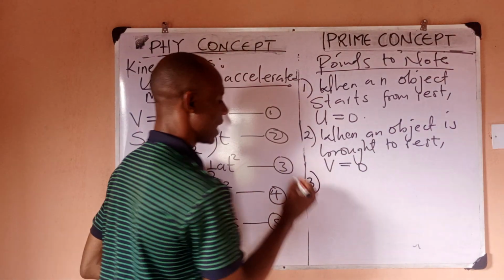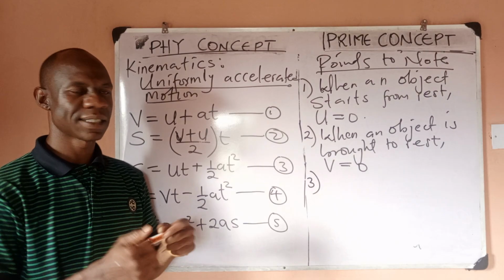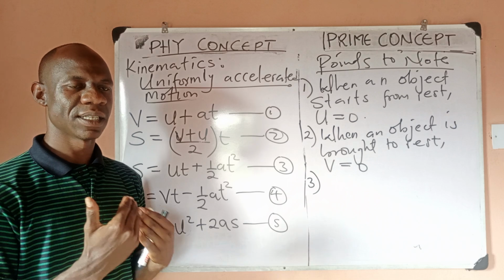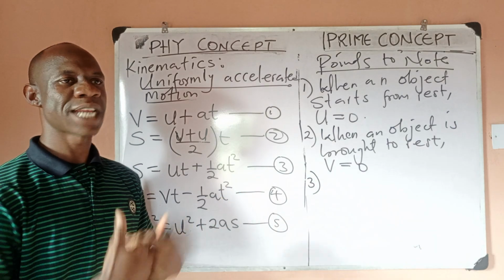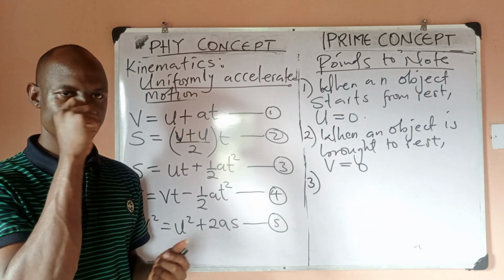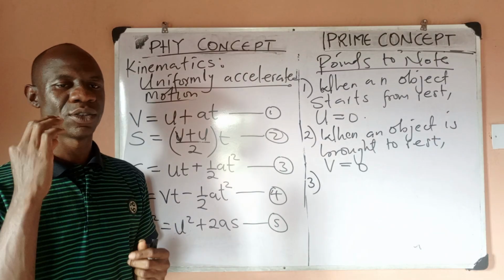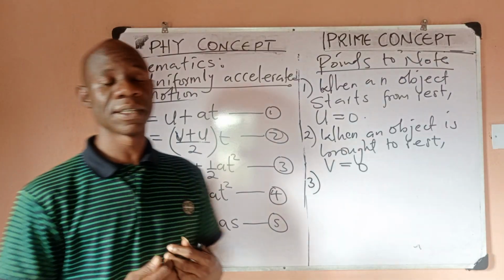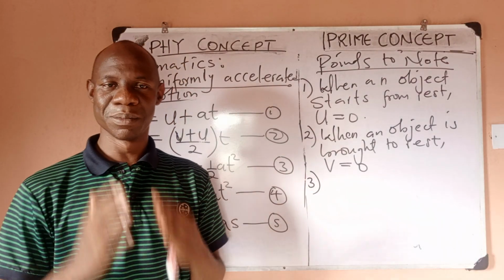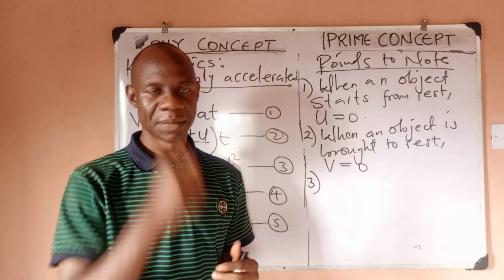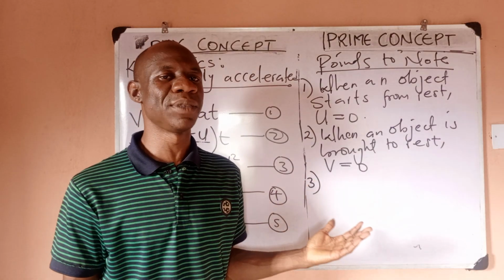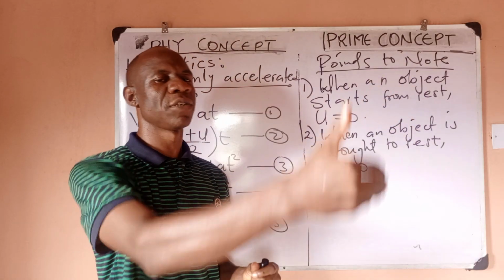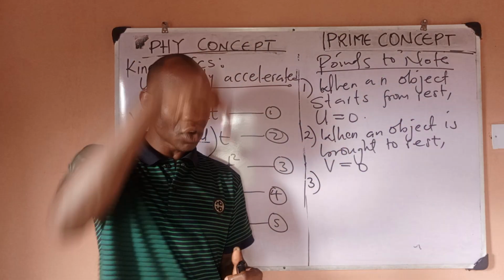And number 3 point I want you to note is that if a question requires you to find the total distance of a journey, say a car traveled with whatever velocity it traveled with, then they now require you to get the total distance. Of course, for you to tell the total distance an object has moved would mean that the object has stopped moving. Because if the object is still moving, you cannot determine the total distance. So for you to determine total distance of a journey, the object would have been brought to rest.